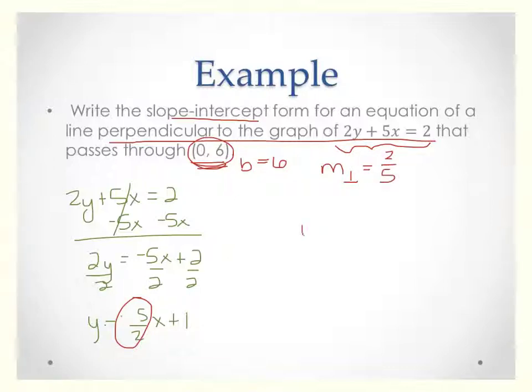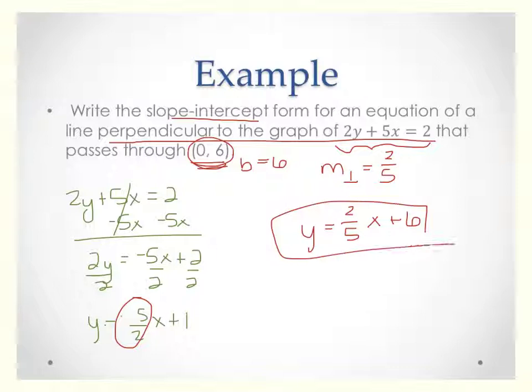Positive 2/5. So then I have y equals mx plus b, and I didn't have to find my b because this time it gave it to me. Alright, that is for 7. Remember, we're not concerned about what parallel and perpendicular lines look like on a graph. We're concerned about their slopes so that we can write the equations of the lines.